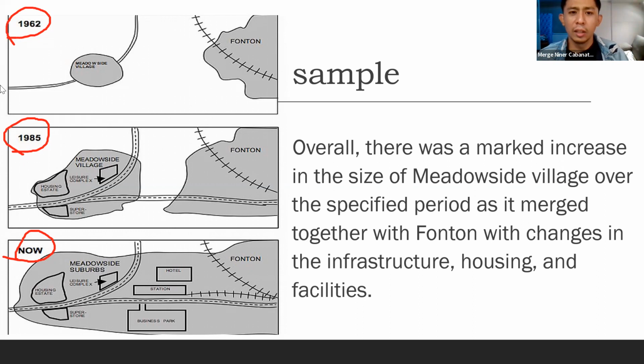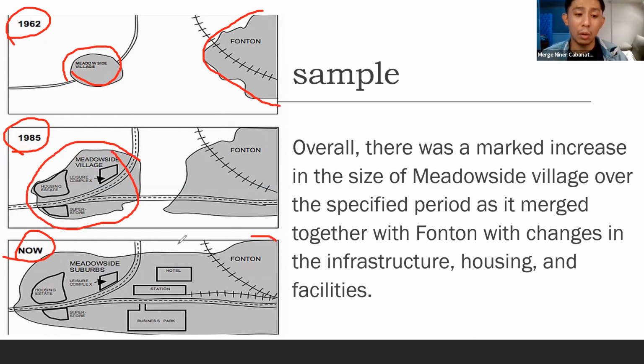All right. So, of course, by looking at 1962, I can see that Meadowside Village is small, Ponton is quite bigger, but in 1985, Meadowside became larger, and now they're just one. So after those years, what happened?